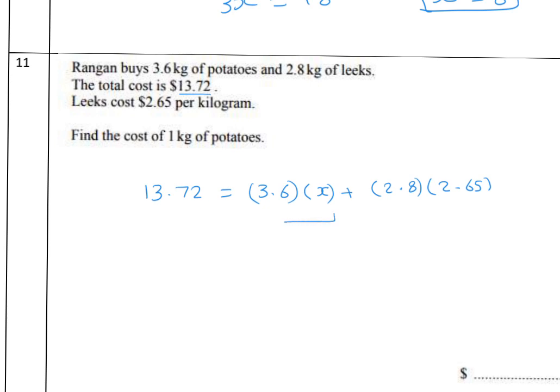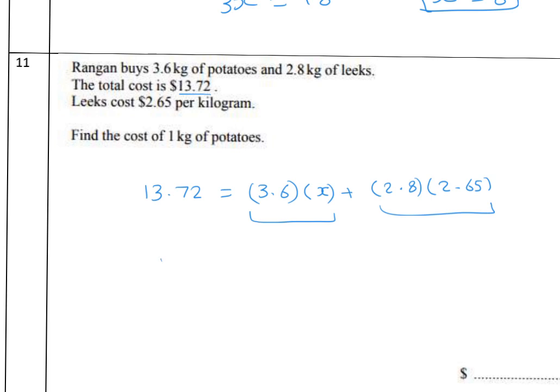So this is the cost of potatoes in terms of x. This is the cost of leeks. Because we don't know the cost of 1 kg of potatoes. Now we can solve. Understood, Asil?